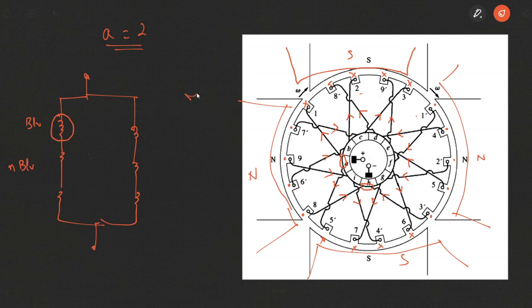But we know we have derived the formula for Z, that is the total number of conductors. So Z for this case will be equal to 2n, that means n is equal to Z divided by 2. So this Z divided by 2 will be substituted here to calculate the total EMF induced in this case.